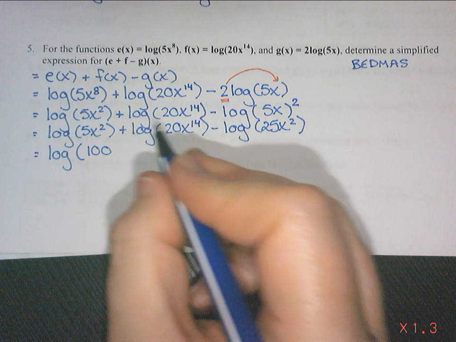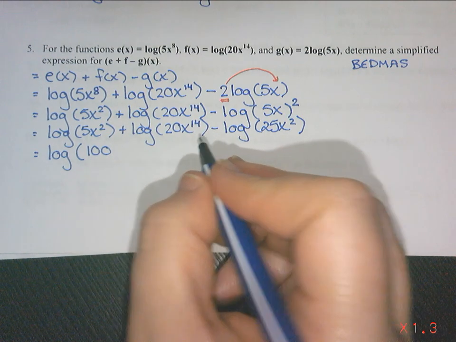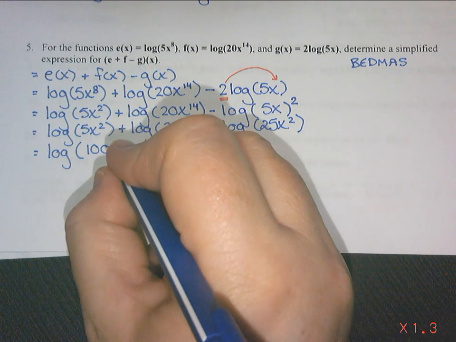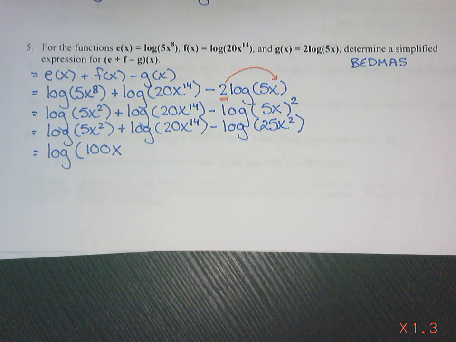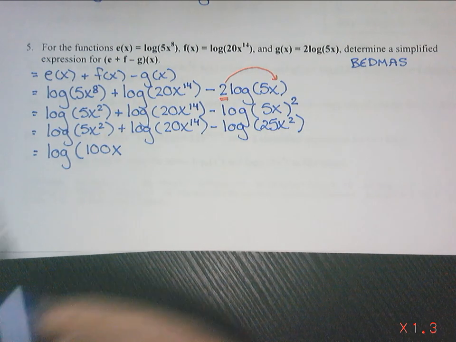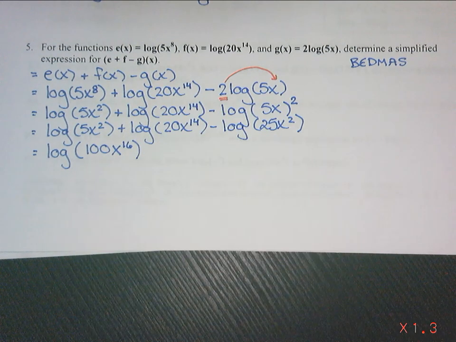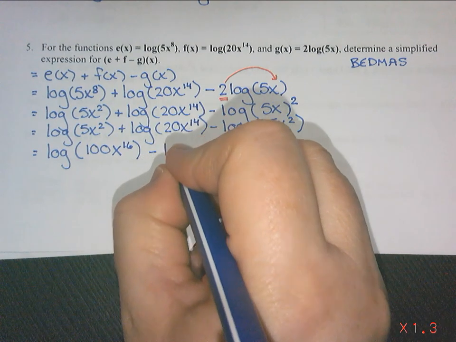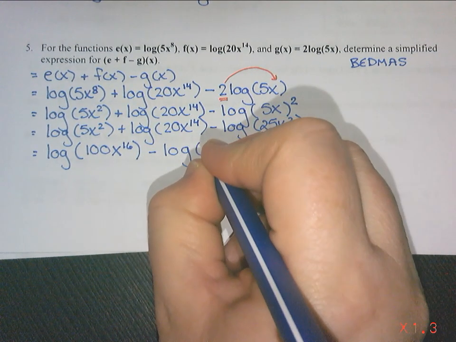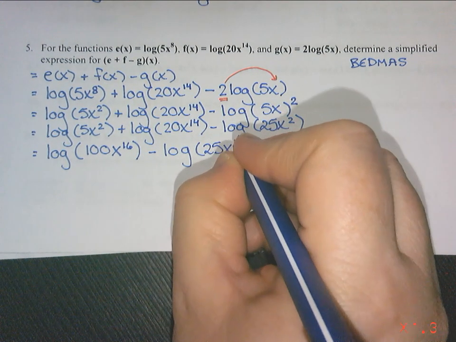X squared times x to the 14. They have the same base, so I would add their exponents. That rule is on the back side of your green sheet, just above where the log rules are. 2 plus 14 is 16. And then I am still subtracting log of 25x squared.